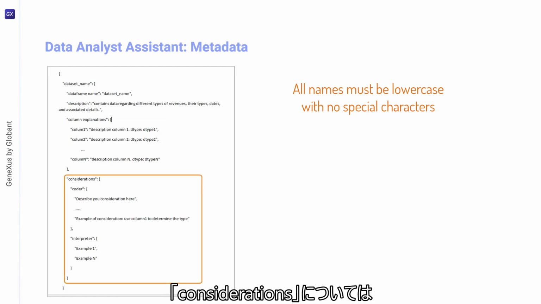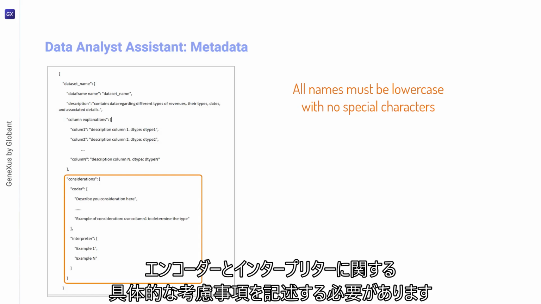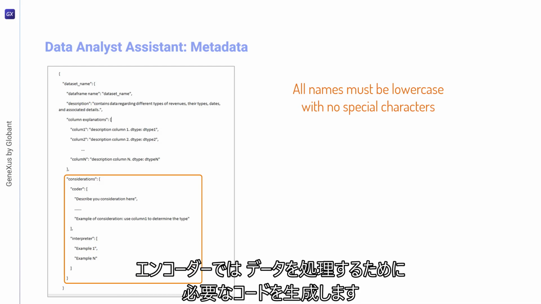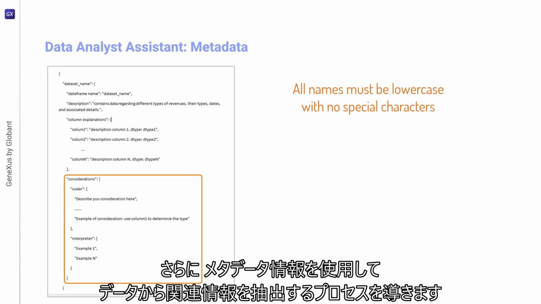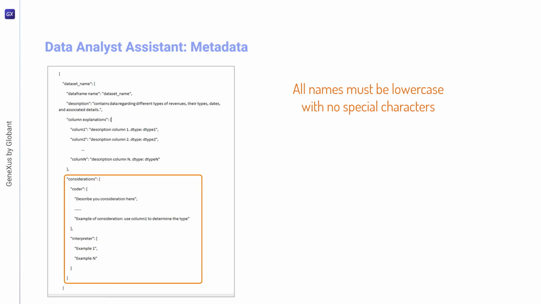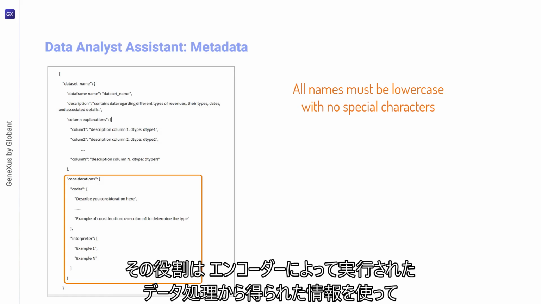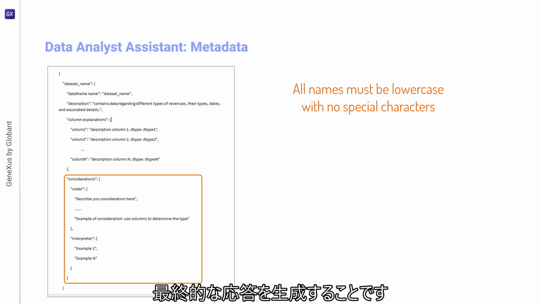As for the considerations, they should describe specific considerations for the encoder and the interpreter. The encoder generates the code necessary to process the data. In addition, it uses the metadata information to guide the process of extracting relevant information from the data. As for the interpreter, its role is to generate the final response with the information obtained from the data processing performed by the encoder.